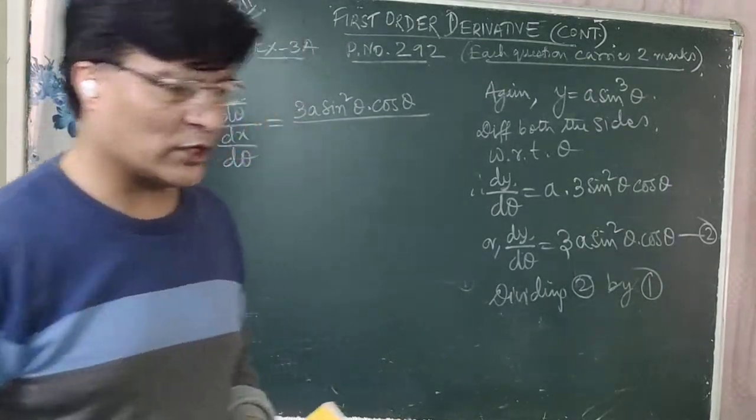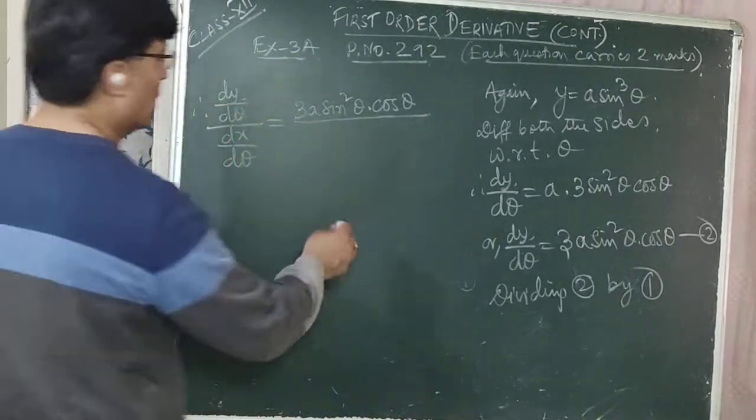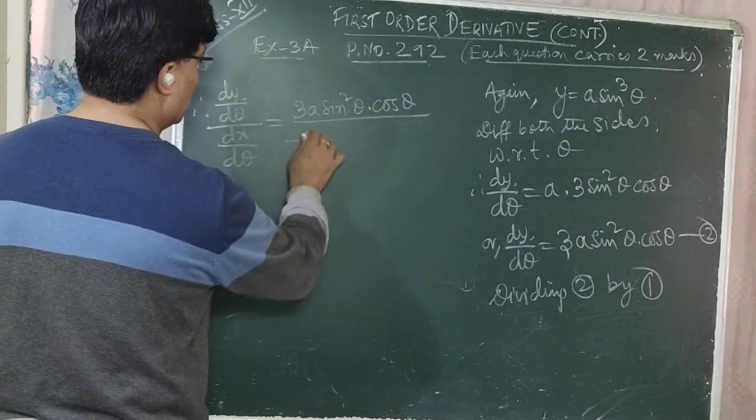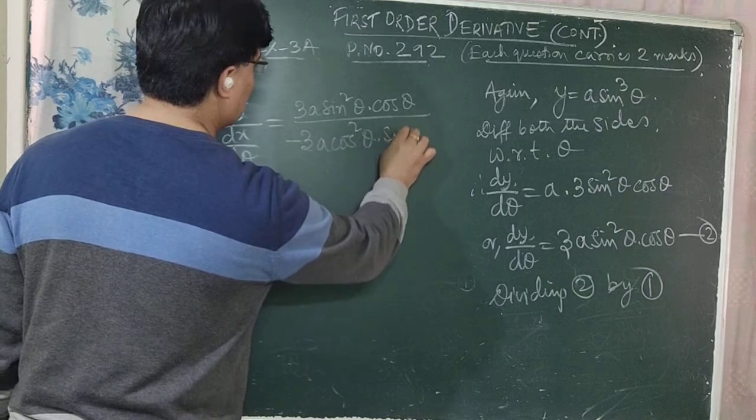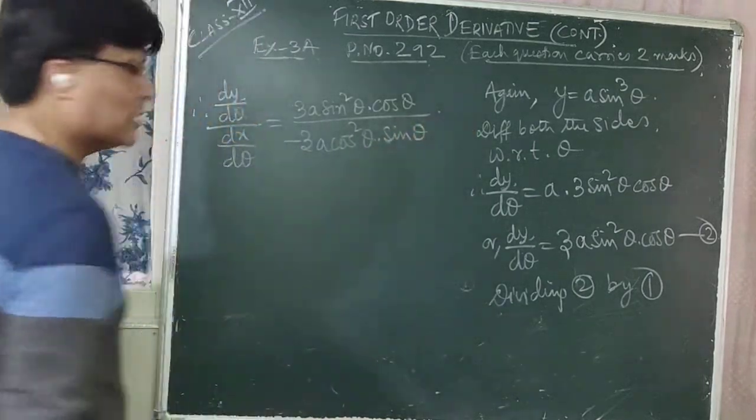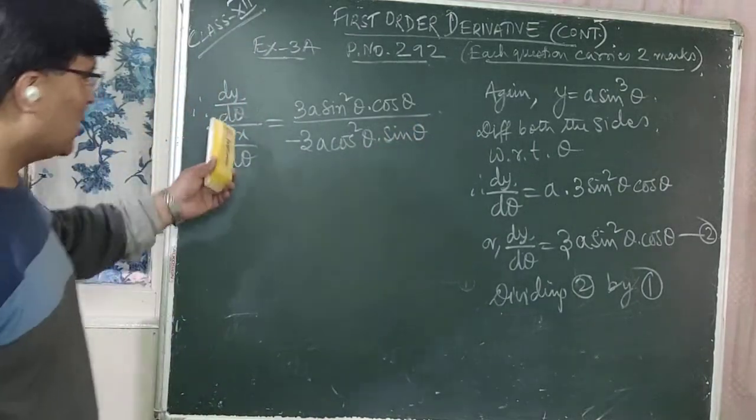You can check your copy. That is, I think it was minus 3a cos square theta into sin theta, isn't it? So what was the value for dx by d theta?